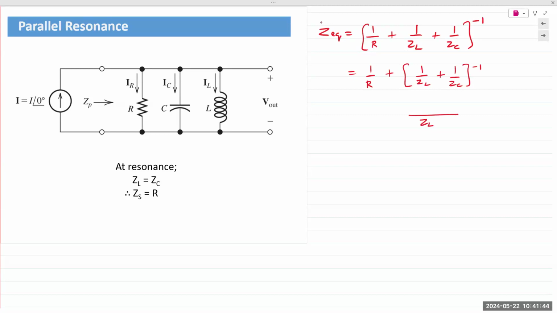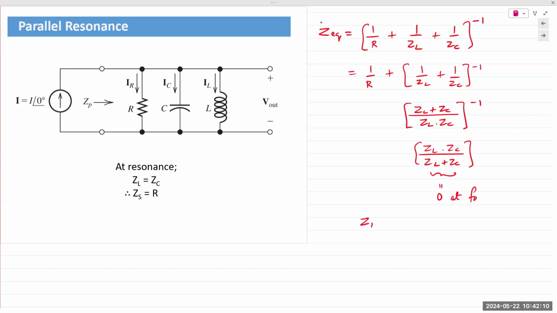We have ZL plus ZC at the top and ZL times ZC in the denominator. Then you flip this, you have ZL times ZC over ZL plus ZC, where the denominator goes to 0 at resonant frequency.